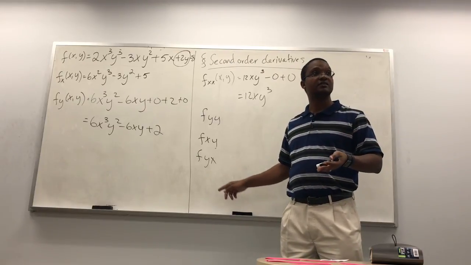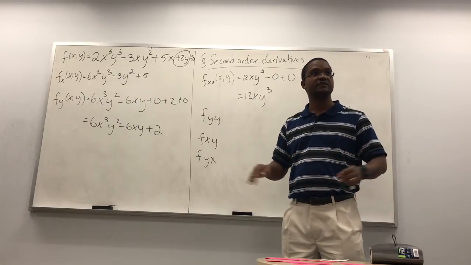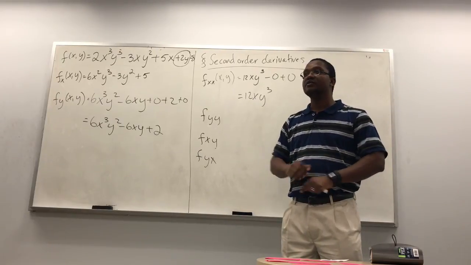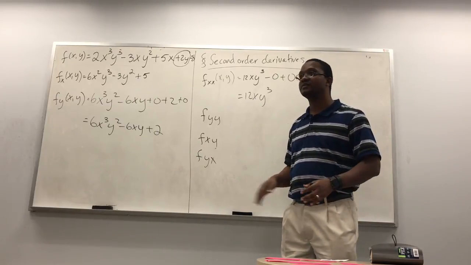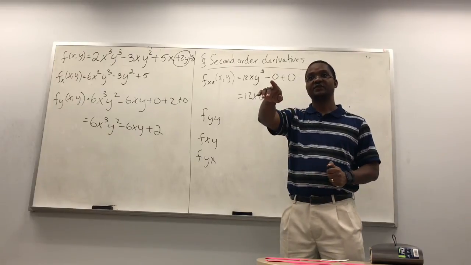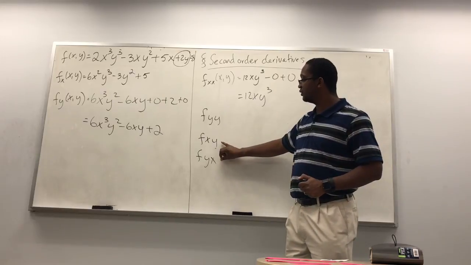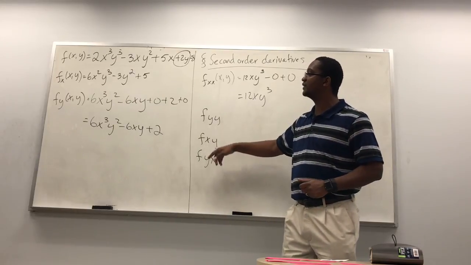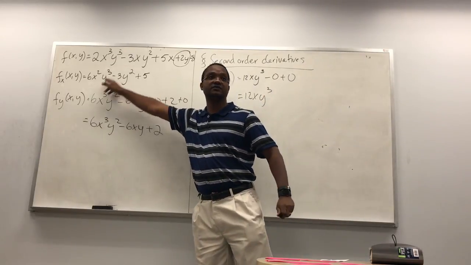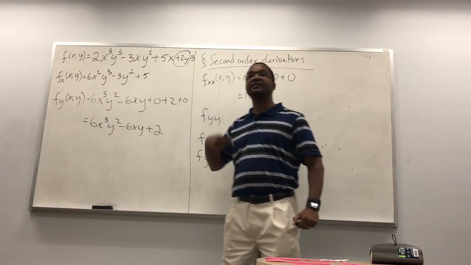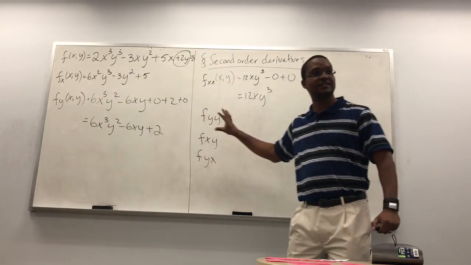You don't multiply, just take the derivative. For the bottom two, you're already a step ahead because you already have the first order derivative. It means you just gotta take the derivative one more time. You just gotta take the correct one.